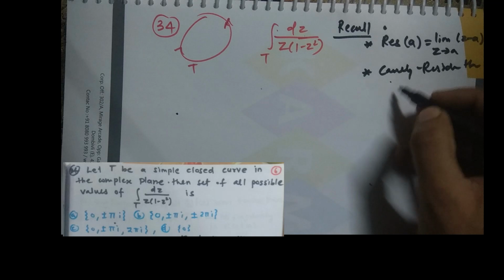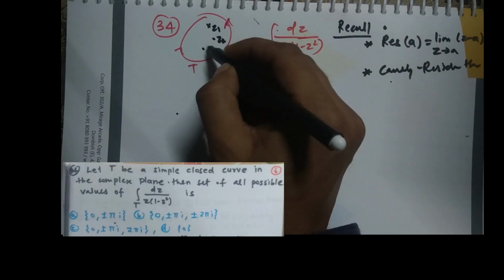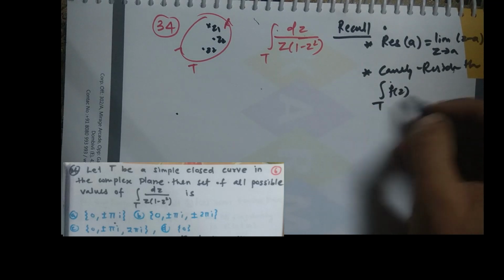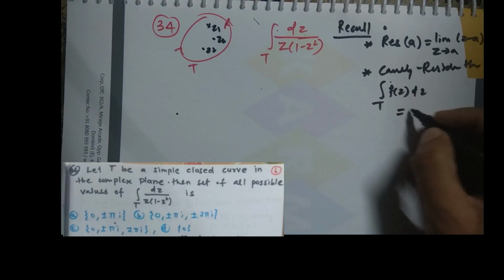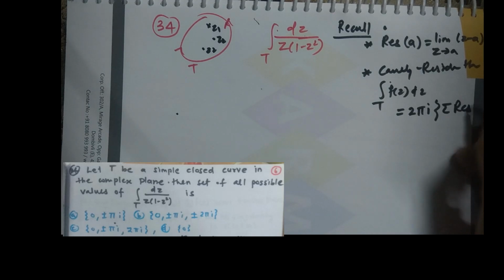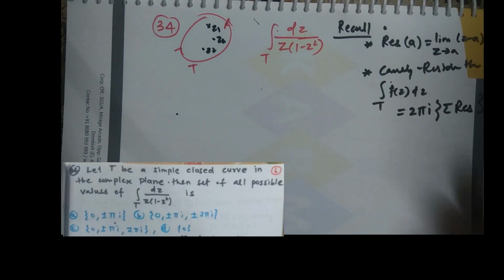What it says is, suppose I have a few poles of the function f(z) inside this T, then how to find the integral of f(z)? This is nothing but 2 pi i into the sum of the residues at the poles which lie inside this C. Okay, so by using these two facts we are going to solve this question.